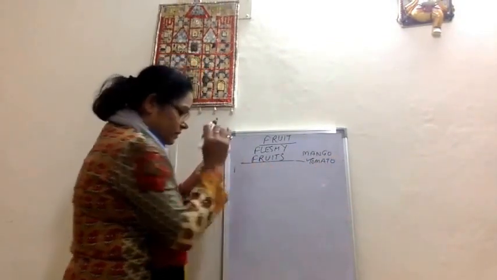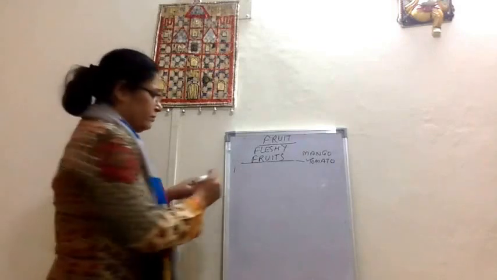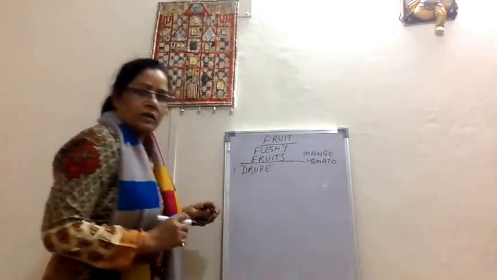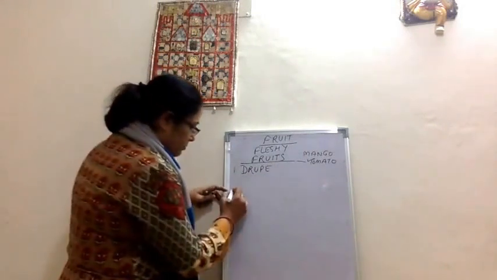There are many types. Number one, drupe. Number two, berry.